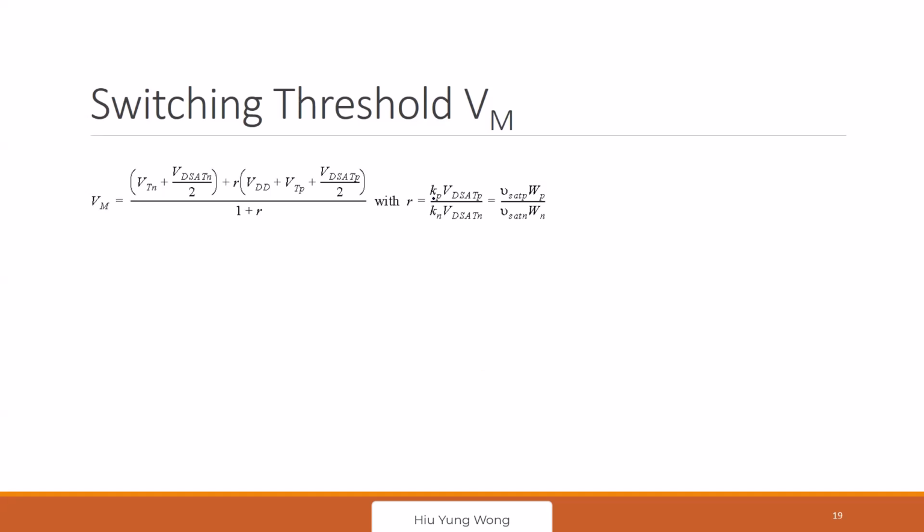We say R is equal to KP VDsat,P divided by Kn VDsat,N, which is also equal to saturation velocity times the width ratio. So what does it mean? Let's recall again what the saturation velocity is.